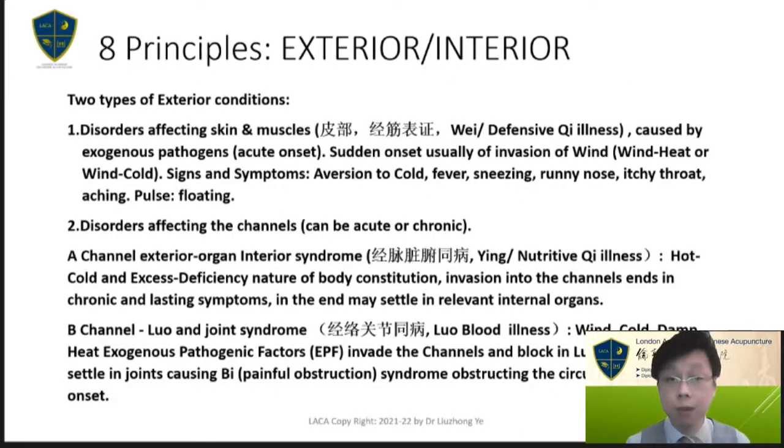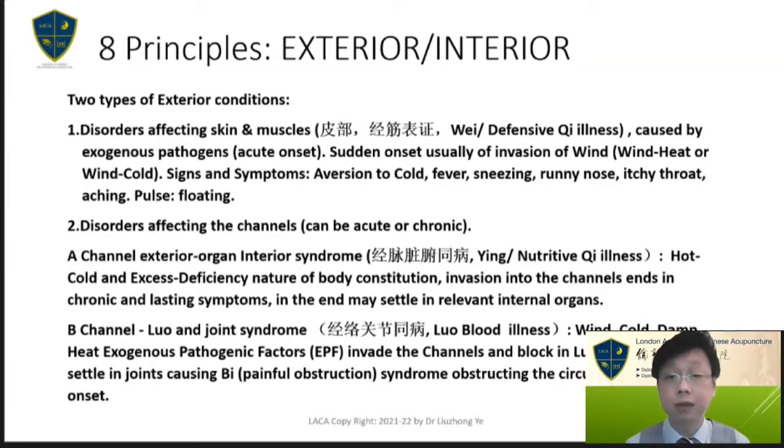Okay, so that's all about yin and yang, but now we move on to exterior and interior. There are two types of exterior conditions that we need to be aware of. First are disorders affecting skin and muscles. So that's the 皮部, cutaneous sections, and 经筋 is the muscular tendinous sections or channels, whatever you call it.